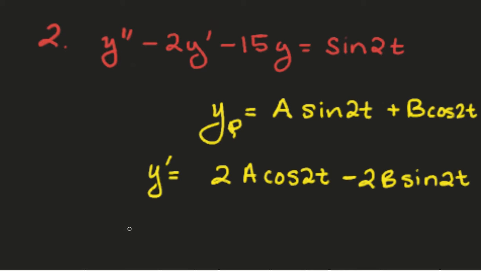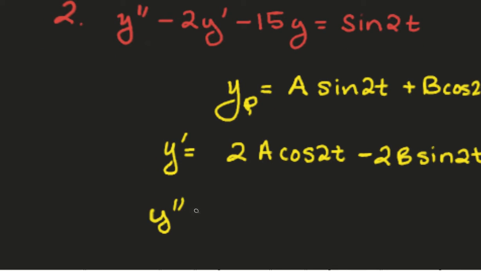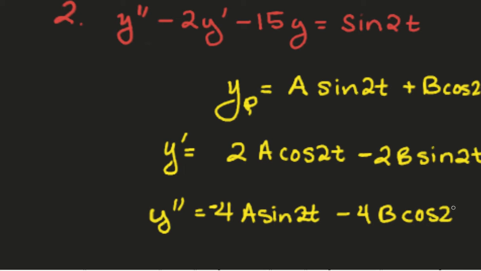And then the second derivative is going to be negative 4a sine 2t, and then negative 4b cosine 2t.